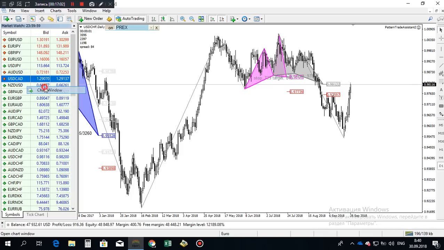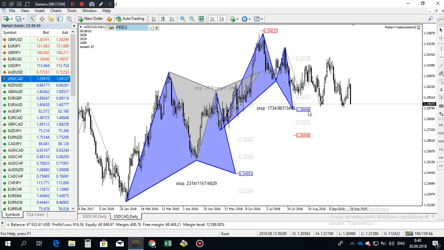Dollar Canadian. So although we have a potential Unified Gartley, look at this consolidation period. From here to here we were moving sideways, and you guys know that after consolidation, if it is broken to the downside, there is a high probability for price to continue lower after those consolidation levels are broken, rather than to bounce.